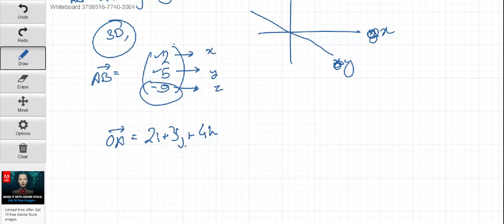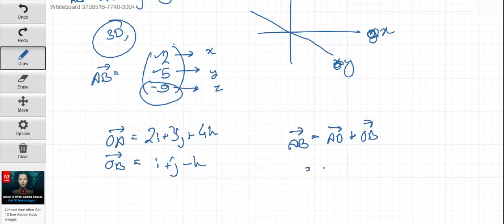No one's asking you to draw the diagram. And let's say OB is i plus j minus k, and I ask you to find the vector AB. Again, all you have to do is recall from your knowledge of O levels vector subtraction. Oftentimes this may be thought of as AO plus OB. For others, you may think of this as OB minus OA.